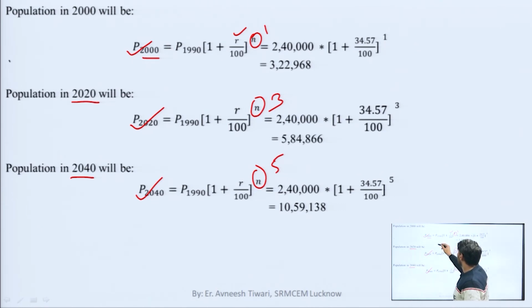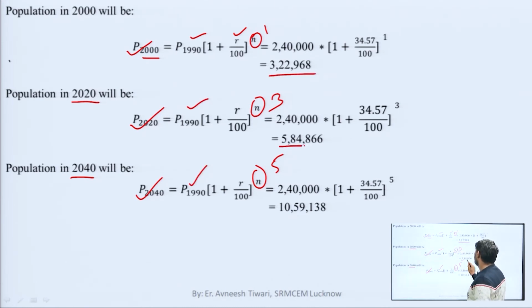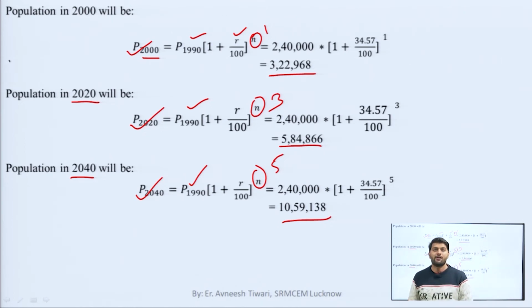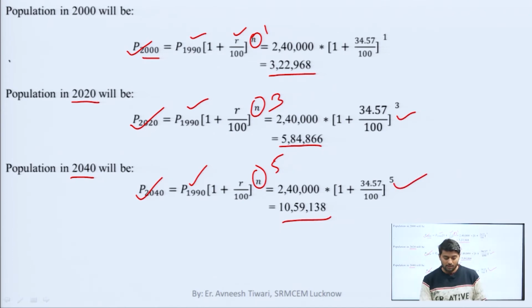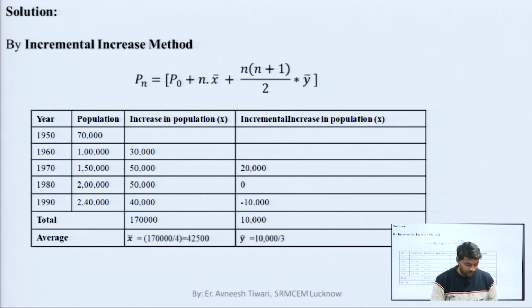So what we will do, put all the values and we can easily estimate the population for different decades. Means P2000 will be what? 2,40,000 into (1 plus R divided by 100) to the power 1. In a similar way, we can estimate the population for other possible years also.